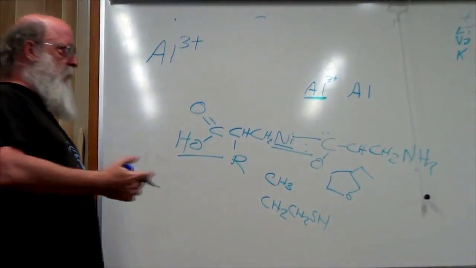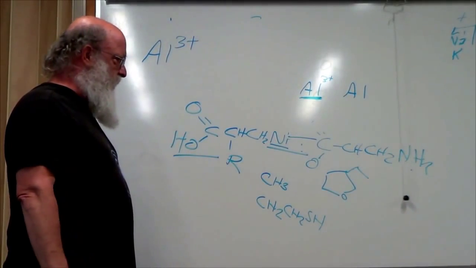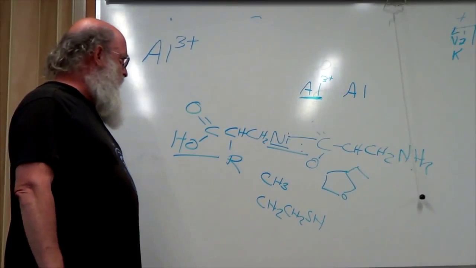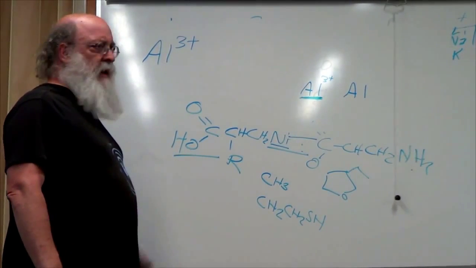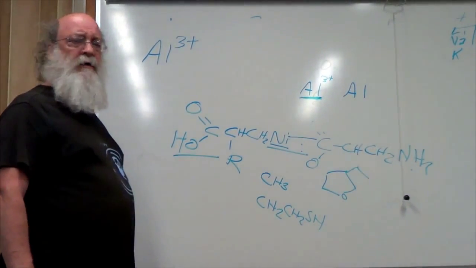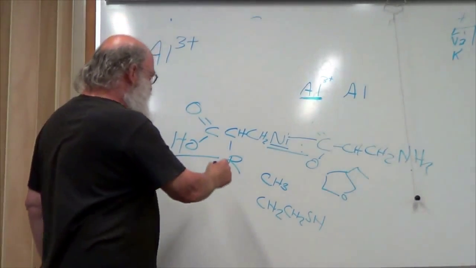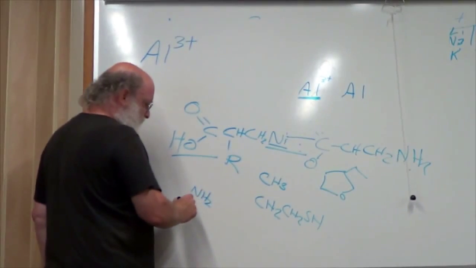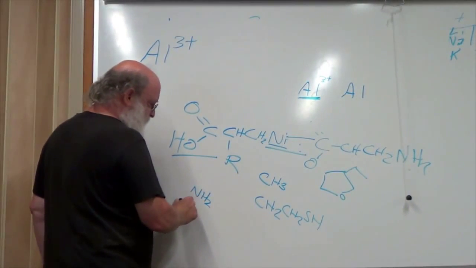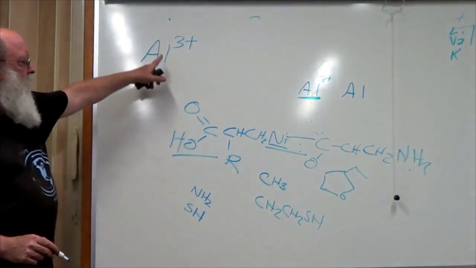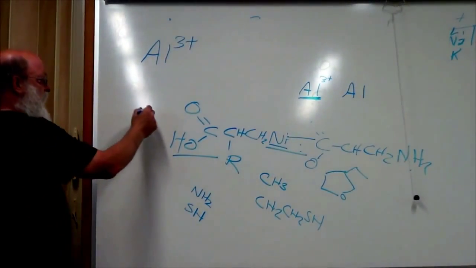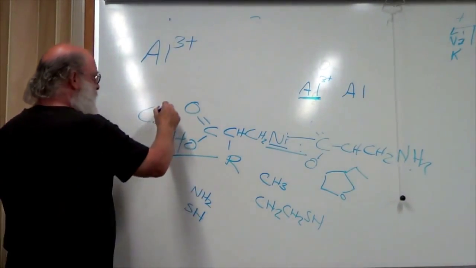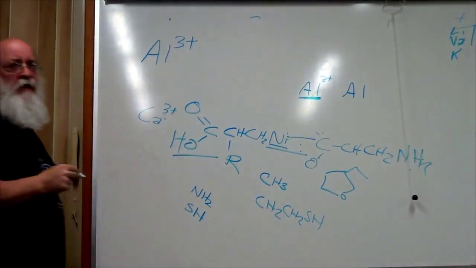The proteins are a component in our system basically found in meats that are not fats, which are lipids, but they are biomolecules, and they're basically the structural integrators of the whole thing. And so off these side chains you have various nitrogen groups, amines, you might have sulfurs, but when aluminum comes in and substitutes for a calcium that might be here, it brings a 3 plus charge instead of a 2 plus charge.